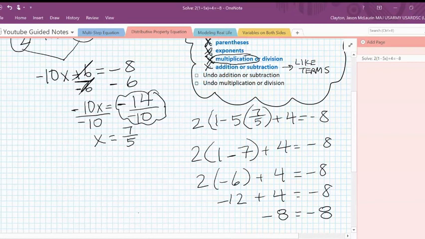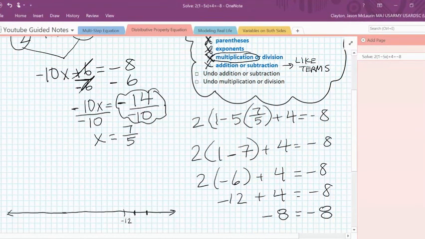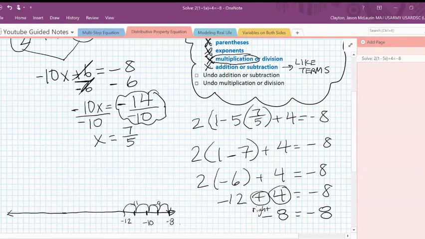If you're at negative 12 and you go right 4 units, 1, 2, 3, 4: negative 12, negative 11, negative 10, negative 9, negative 8. Right 4 units. This says right, number of units. 1, 2, 3, 4. Negative 8.